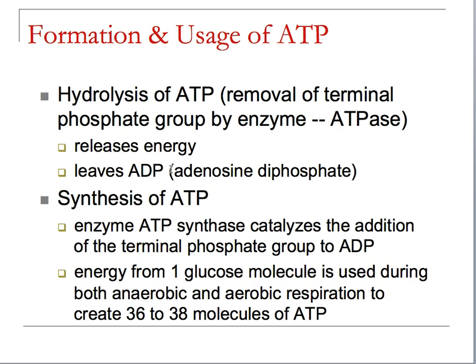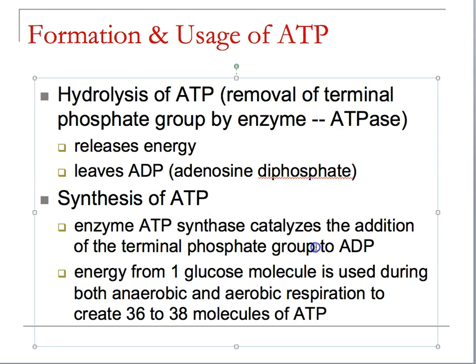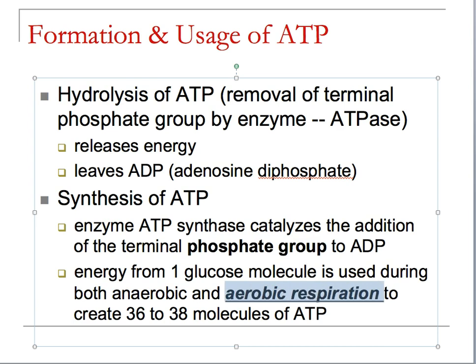For us to now make new ATP, we will add a phosphate group to ADP. Inside your Bio 105 or your college biology class, you learn this can happen inside the cytosol of a cell during glycolysis, but most of it happens during the aerobic respiration phase inside of your mitochondria, okay, to give you 36 to 38 molecules of ATP.